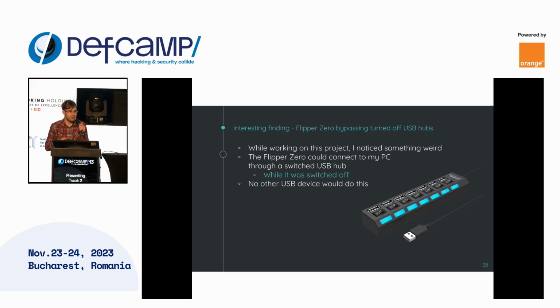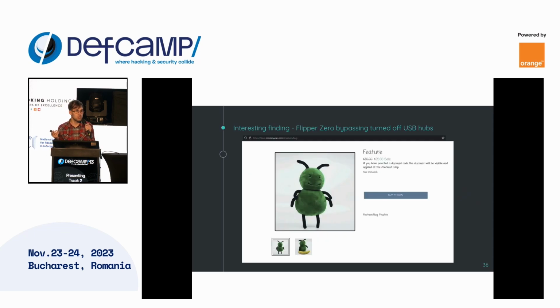And no other device was able to do this kind of thing. It boggled my mind. But I couldn't see any discussion about this behavior on Twitter or on Discord or other such communities. So I think I ran into a feature, I guess. Maybe not, but it's probably a feature.